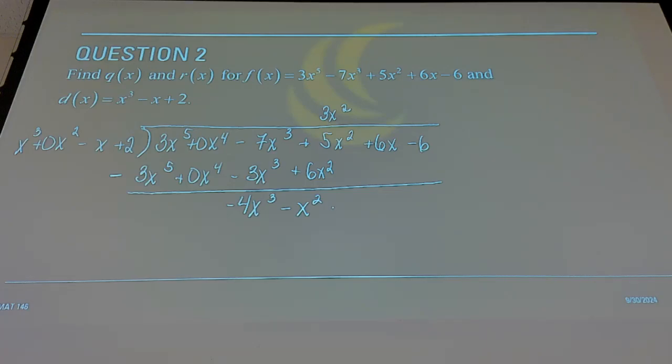Then we have 6x minus 0, and negative 6 minus 0.